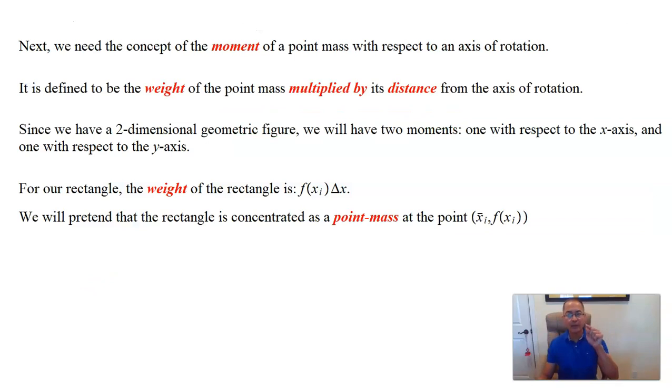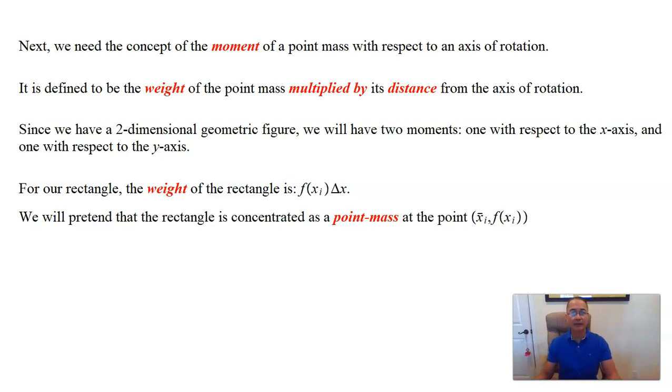Okay, so now that we know how heavy each rectangle is, we're going to study its moments about 2 axes this time. Because we have a 2-dimensional object, we're going to need a moment with respect to the x-axis and with respect to the y-axis. 2 moments. Okay?